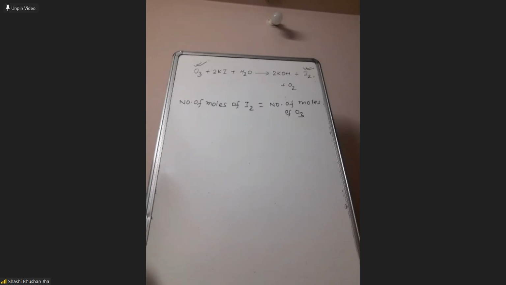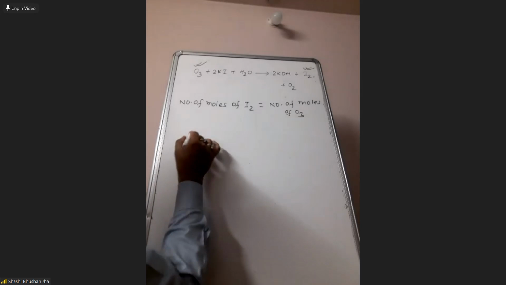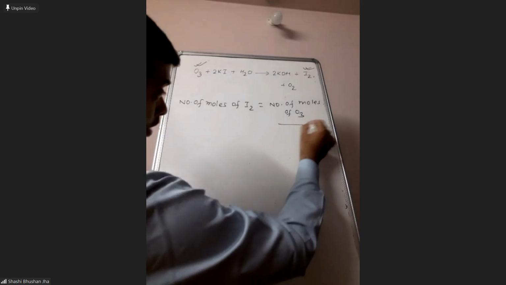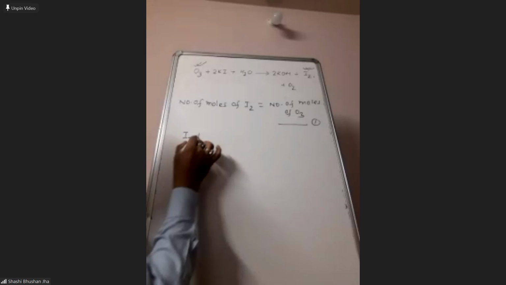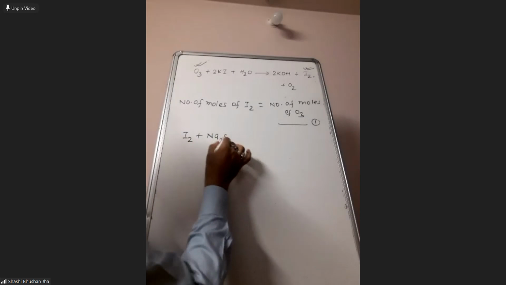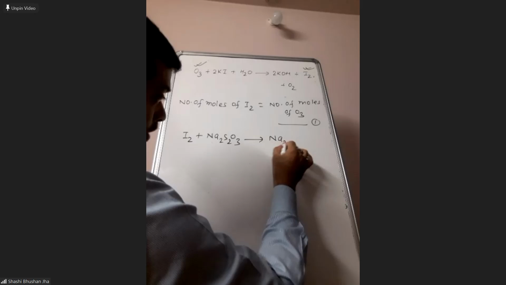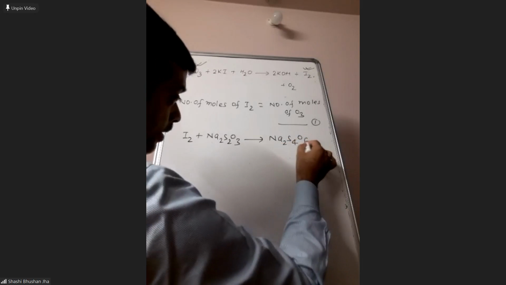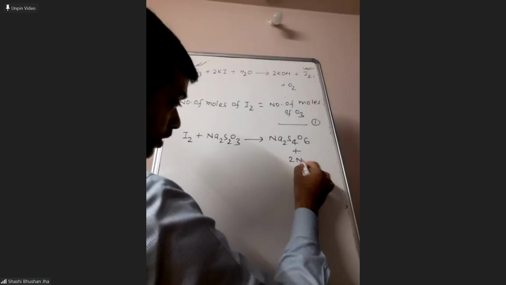Now the number of moles of iodine we can calculate from the sodium thiosulfate titration. This I am writing as equation 1. When iodine is titrated with sodium thiosulfate, it gives sodium tetrathionate and NaI.